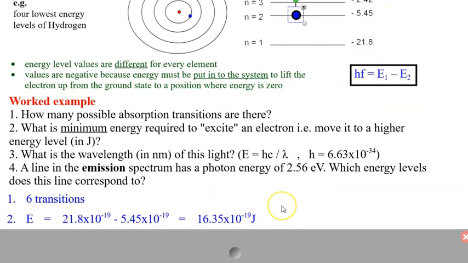So it's going to be the difference between those two values, 21.8 take away 5.45, all × 10^-19, and we get this value here. So that is the difference in energy. So we want a photon with that particular energy in order for this to happen, either the photon to be absorbed or the photon to be emitted.